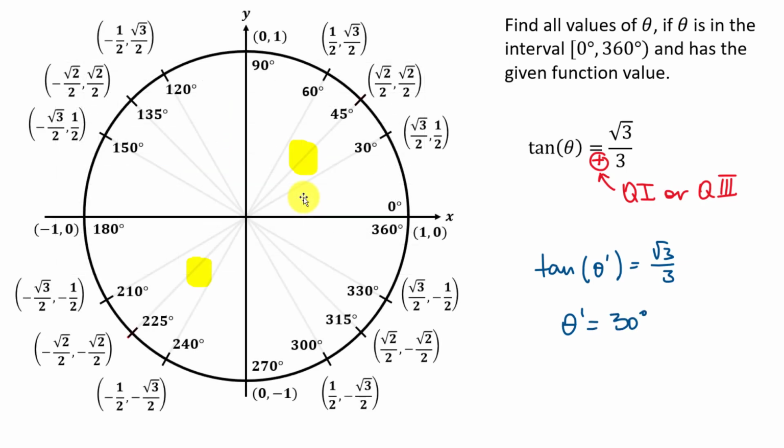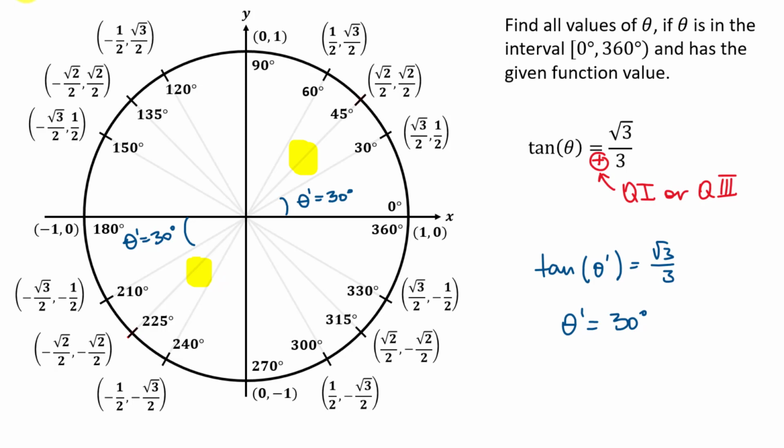Now, as I return to the unit circle, I'll sketch two 30-degree reference angles in quadrant 1 and quadrant 3. And that will help me to identify the angles theta that I'm looking for. So in quadrant 1, the reference angle theta prime is this one. Remember, it always has the x-axis as one of the sides. And in quadrant 3, the reference angle that measures 30 degrees is this one. Theta prime equals 30 degrees.